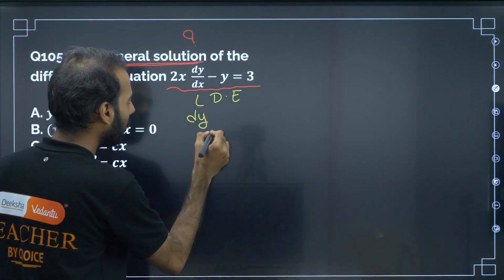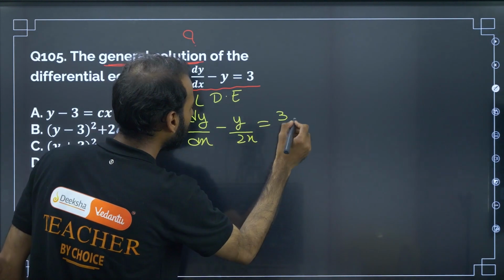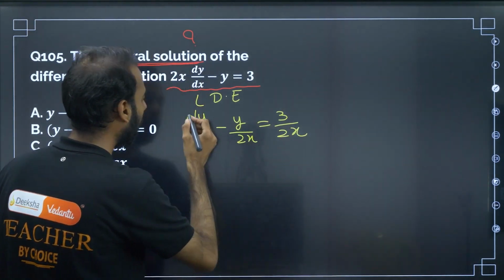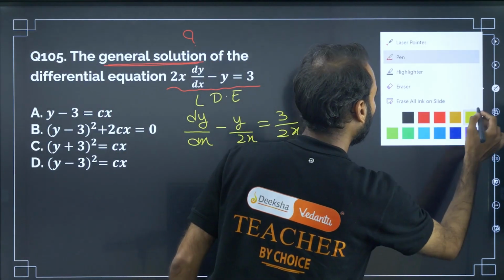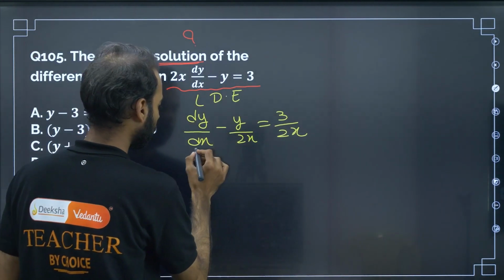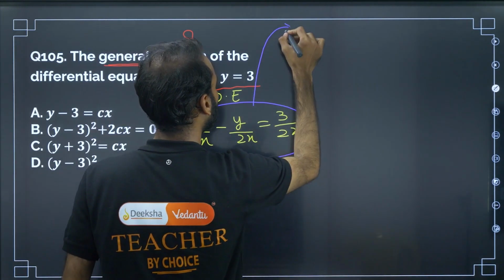So let me write this as dy by dx minus y by 2x is equal to 3 divided by 2x. Now dy by dx plus Py is equal to Q. Try to recall that we discussed this yesterday. So it looks like this.